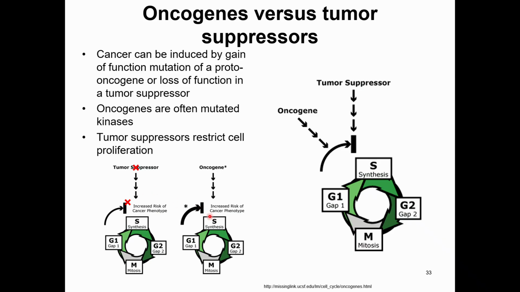There are two major types of cancer genes. There are oncogenes and tumor suppressor genes. The ones we're talking about right now are going to be oncogenes. So oncogenes, the normal gene is called a proto-oncogene, but if a mutation occurs in that proto-oncogene, it can turn into an oncogene, and it will make an oncoprotein, and that protein oftentimes is a kinase gone hyper crazy.